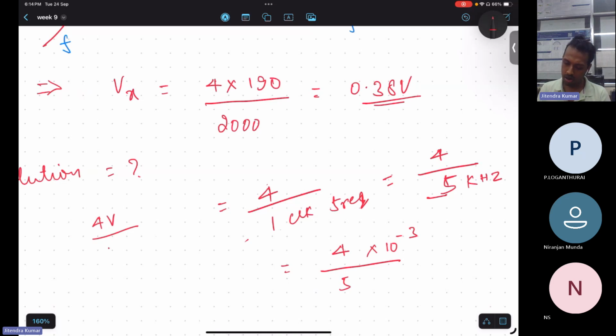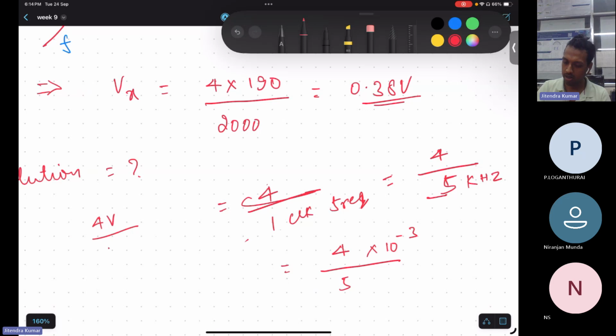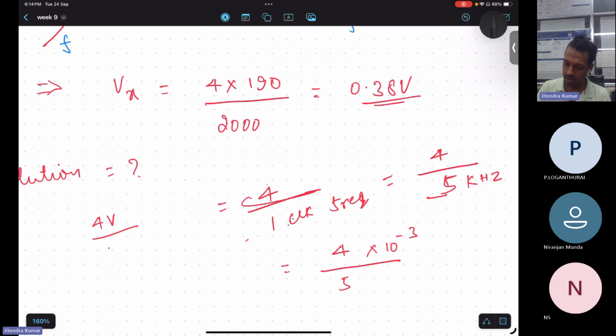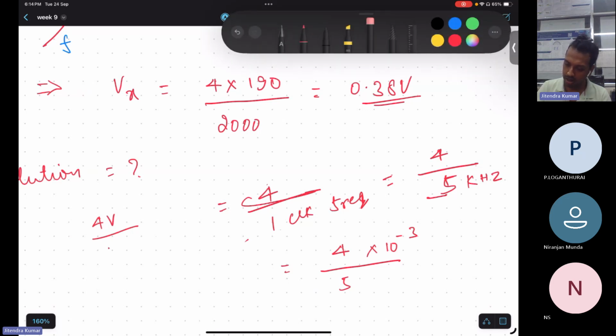Or rather than this way, we could see it in another fashion, because it would be a bit confusing.